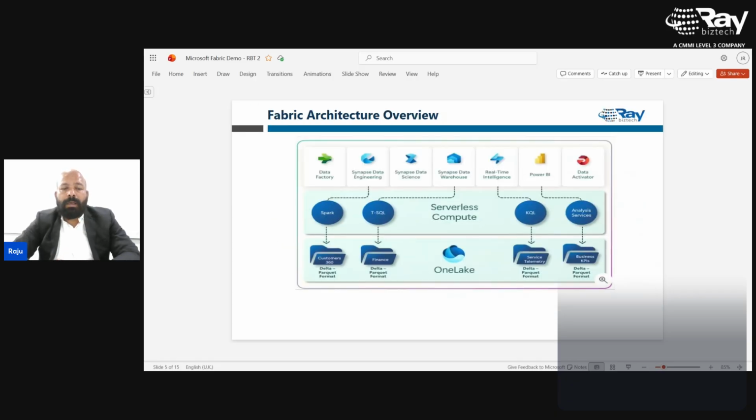And coming to the Fabric architecture overview, it has Data Factory, Synapse Data Engineering, Synapse Data Science, real-time analytics, and Power BI as well. For example, take an example of a lift generating IoT events.